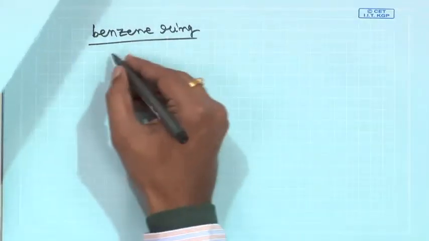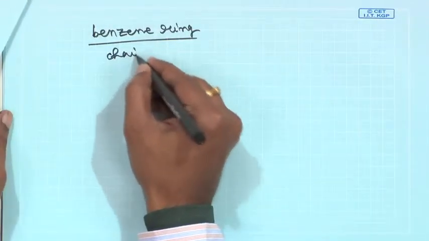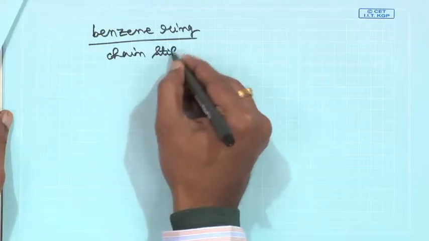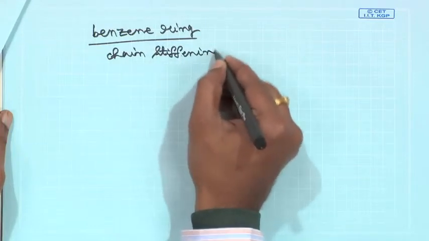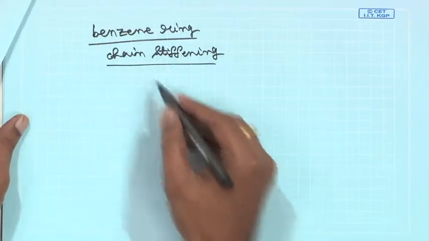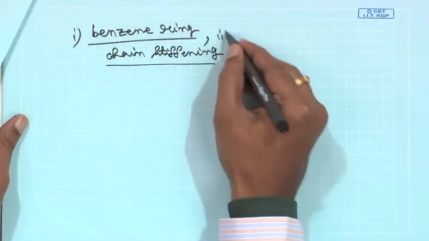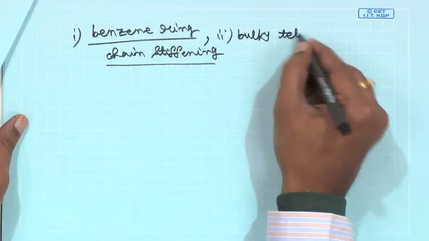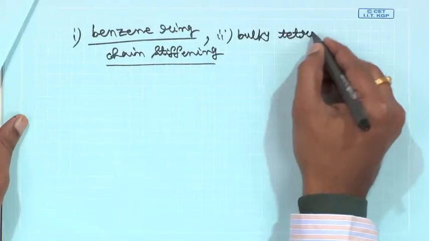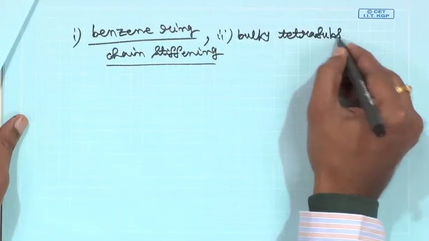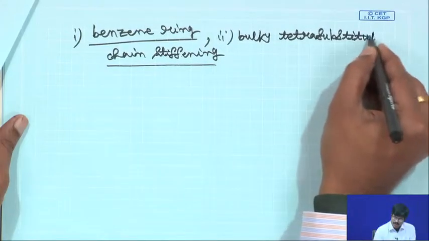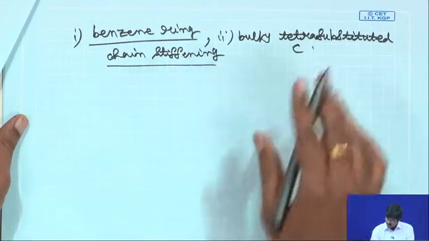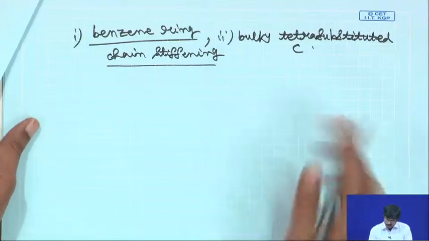All these things lead to chain stiffening. We talked about this. This leads to chain stiffening because of the presence of the benzene ring, and secondly because of the presence of bulky tetra substituted carbon in the backbone. So, you will have high Tg.